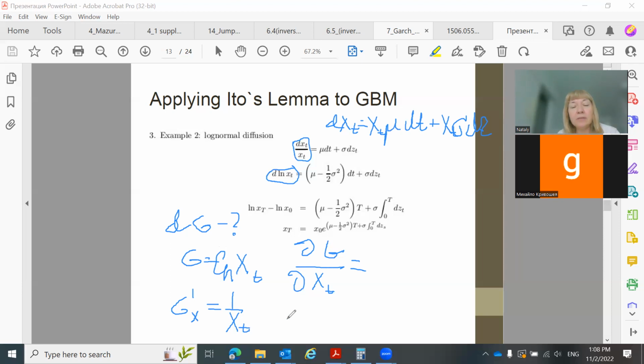Okay, and the second-order derivative. Misha, please, the derivative of this.